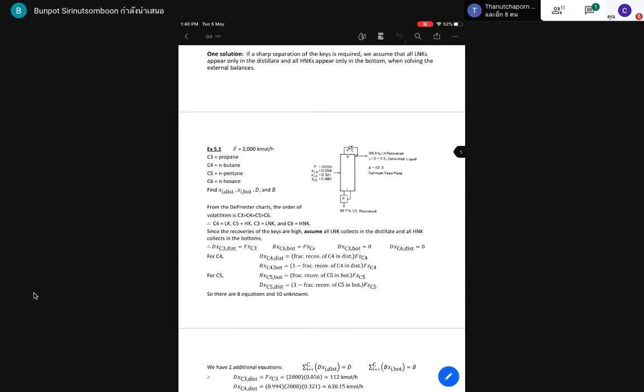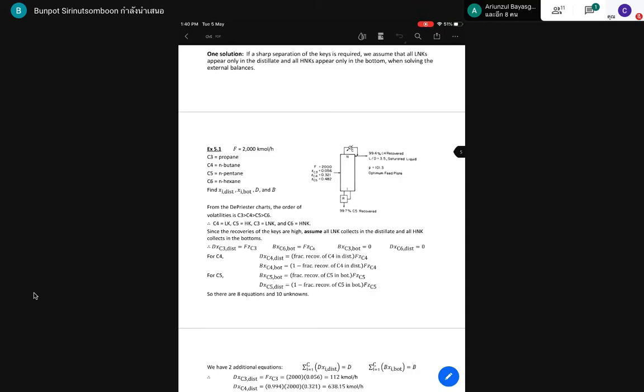So the first step is to identify which one is light key, which one is heavy key, which one is light non-key, and which one is heavy non-key.